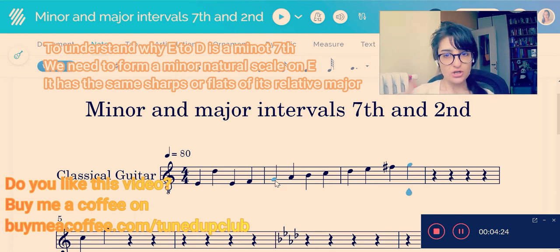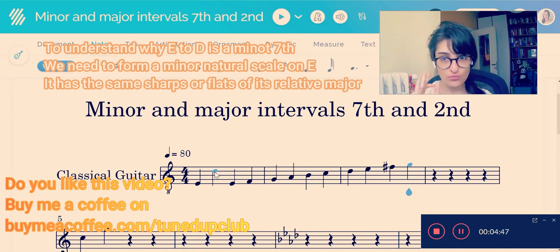Okay, so I'm going to rewind once more. Why is this D natural part of a minor seventh instead of a major seventh, apart from the fact that we're going by exclusion? Because for it to be a major seventh, it would be a D sharp. Why exactly?